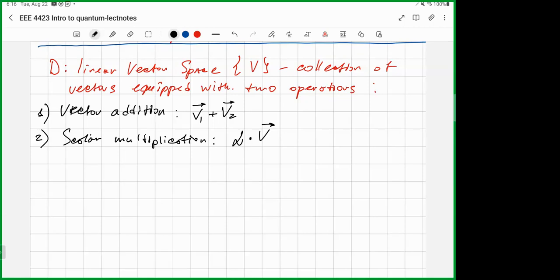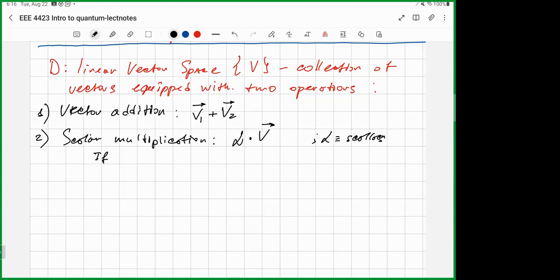A scalar means 1, 2, 3, 1.2, etc. Just a number. And this operation also gives us a vector from the same space.